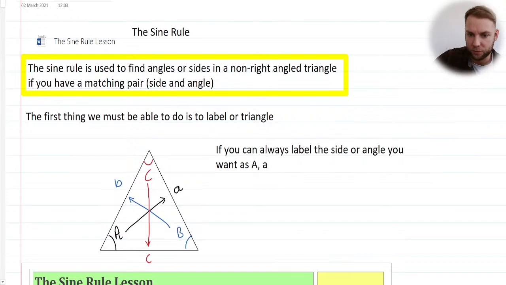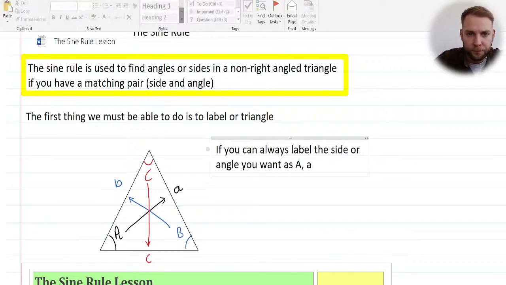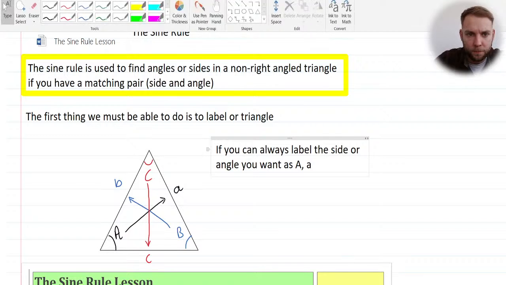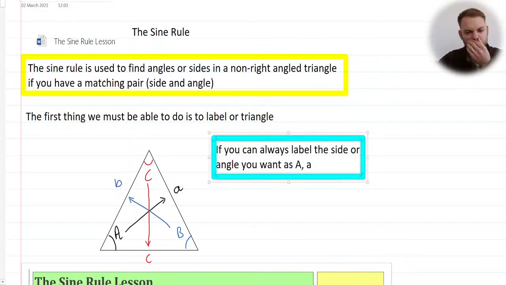That's really important as well. So if you can, always label the side or angle you want as A or little a. That's really important. Let me just put a little highlighter around that one. There we go. So there's our first little parts.